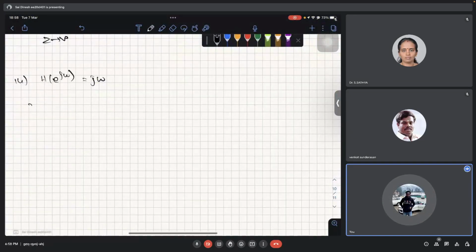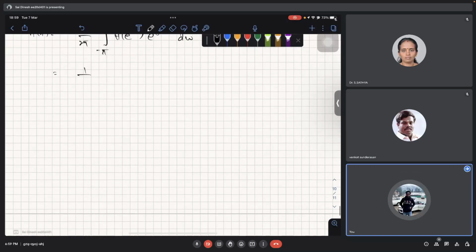So what is x of n? 1 by 2 pi, integral from minus pi to pi of H(e^jω) e^jωn dω, which is equal to 1 by 2 pi, integral from minus pi to pi of jω times (cos ωn + j sin ωn) dω.